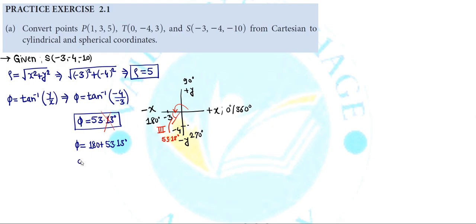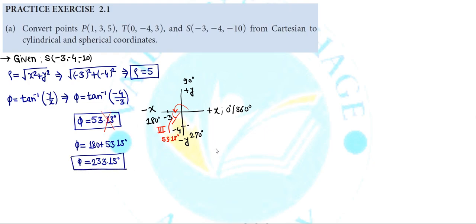So your phi value is equal to what? The phi will be a total of 180 plus 53.13. So that is around 233.30 degrees. So this is the value for your angle phi.